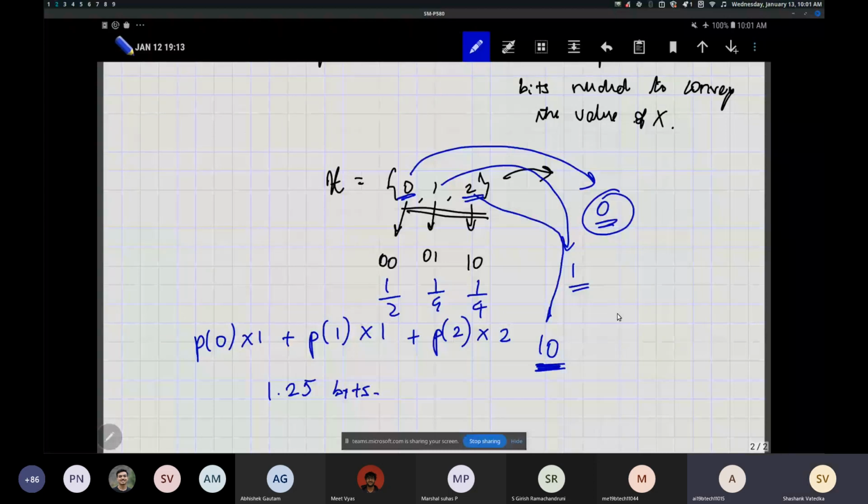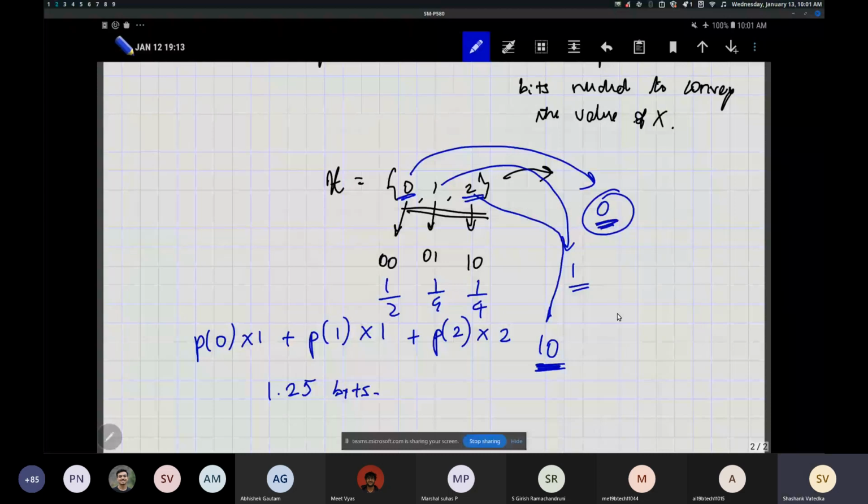Okay. So I do agree. I do get your point. So here I'm assuming that I'm trying to compress just a single symbol, not a sequence of symbols. And your point is well taken, and that is indeed something that you need to consider. Here I'm saying that I'm going to represent 0 using just 0 and 1 using just 1.